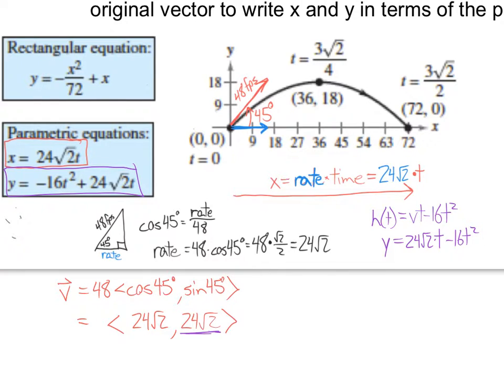Now, this is just one example. But notice what we're able to do at this point. At this point, we could plug in any given time, like time is 3 root 2 over 4, whatever that equals, okay?